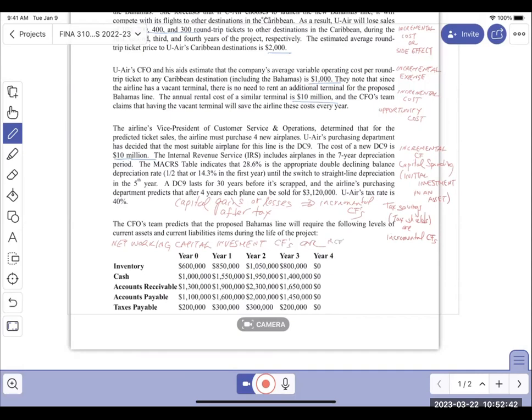Now, here's just a bunch of information that we're going to use to compute the net working capital investment cash flows.